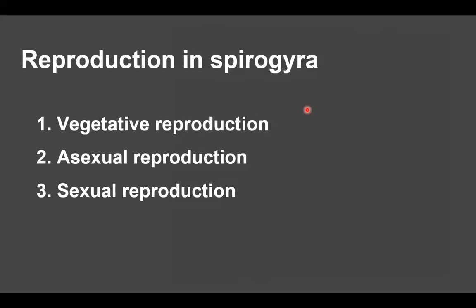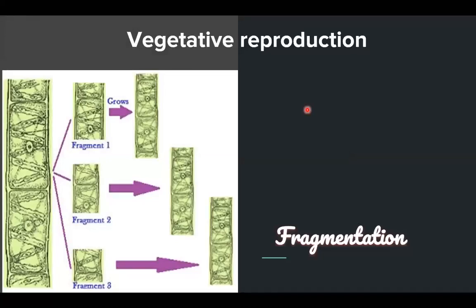Reproduction in Spirogyra. Generally, Spirogyra reproduces by all the methods: vegetative reproduction, asexual reproduction, and sexual reproduction. Let us discuss vegetative reproduction. In vegetative reproduction, fragmentation is the common method.